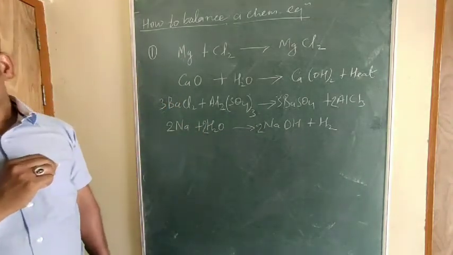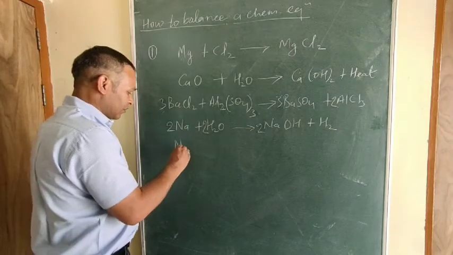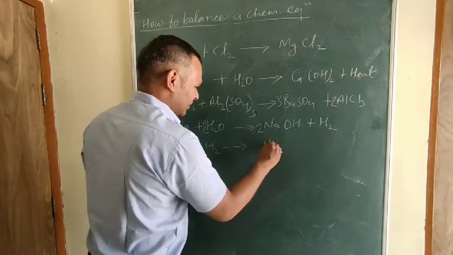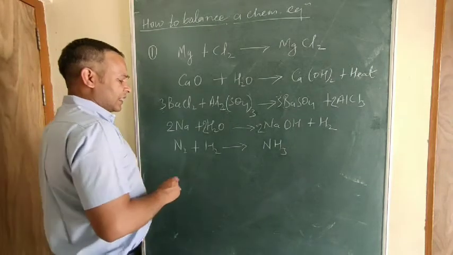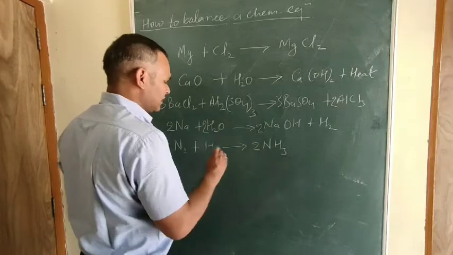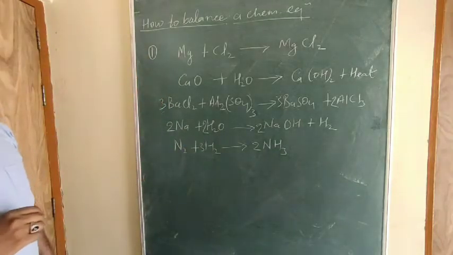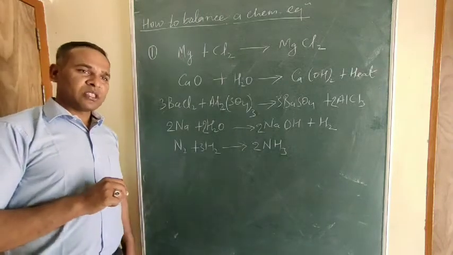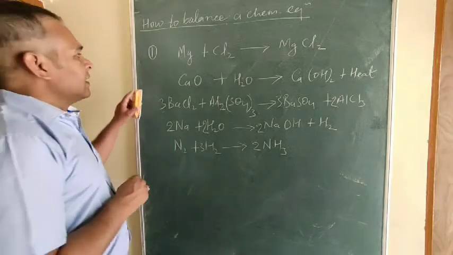So in this way you can balance the reaction. Similarly, when hydrogen and nitrogen react, it gives ammonia. Here you can see the nitrogen is 2, here is 1, so we will write 2. Hydrogen is 2 3s are 6, 3 2s are 6. So in this way we can balance the chemical equation. Now the questions for you, you have to balance, right?